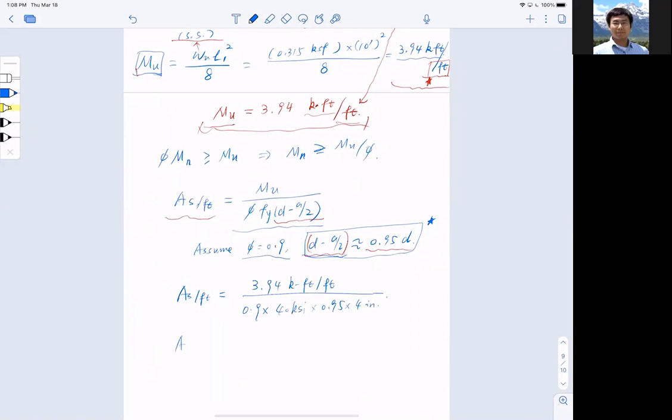That gives us 0.346, and after consolidating the units, it is 0.346 inch squared per foot.